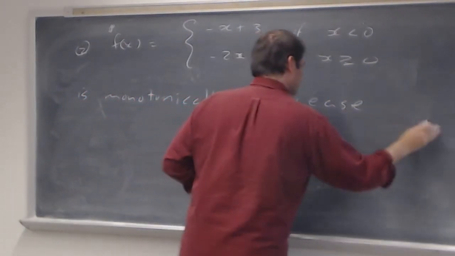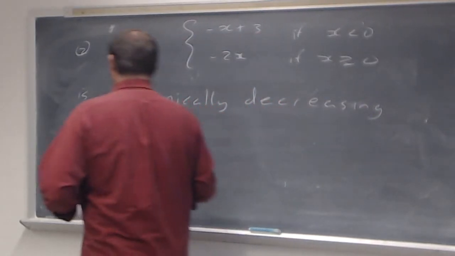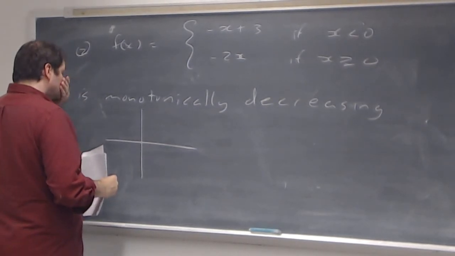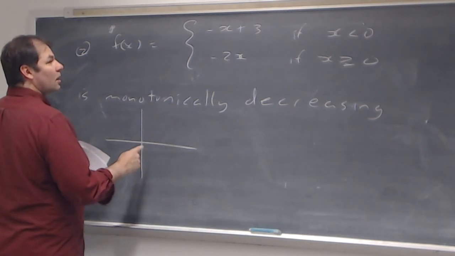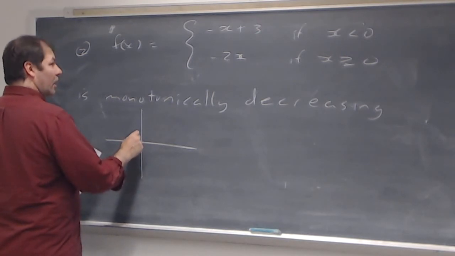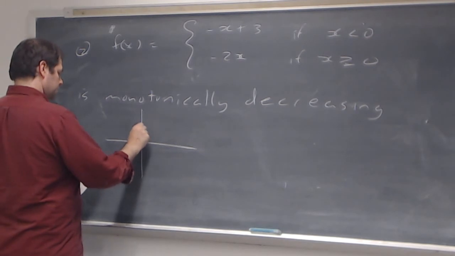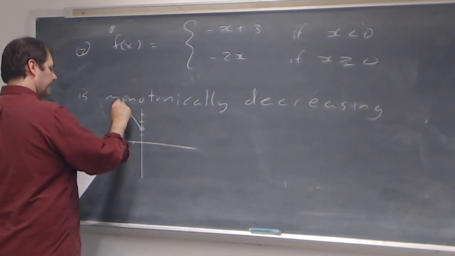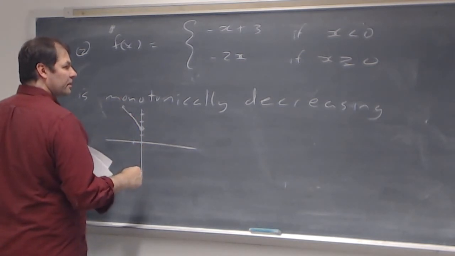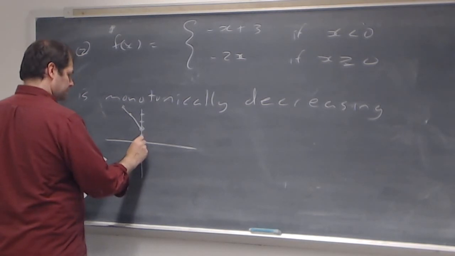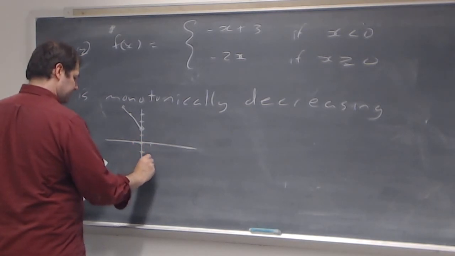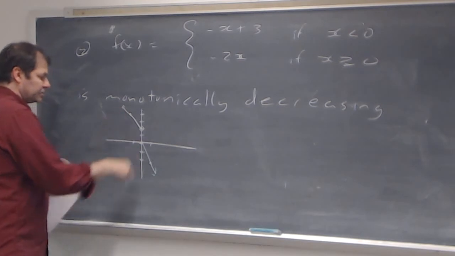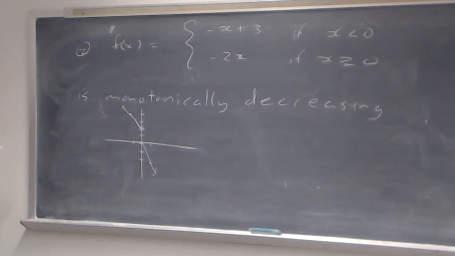When you look at its picture, if I stick in minus 1, I get out 4. Stick in 0, you get out 0. If I stick in 1, I get out minus 2. And you see that it's always going down as you read from left to right.